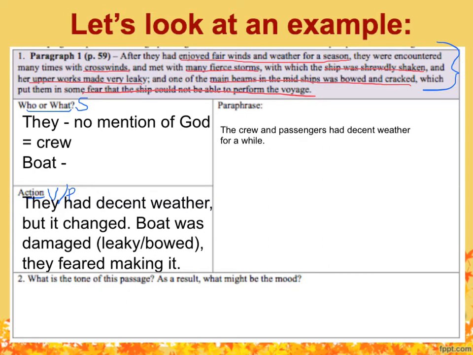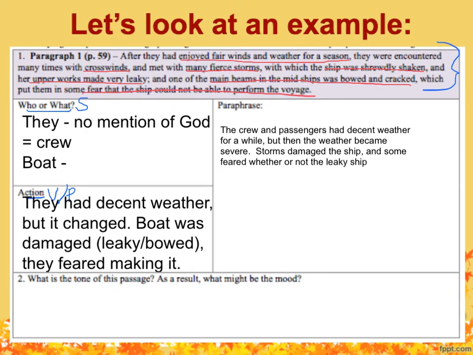But then there were those crosswinds and the fierce storms. Storms damaged the ship, comma, and some feared whether or not the leaky ship would make it to the new land.